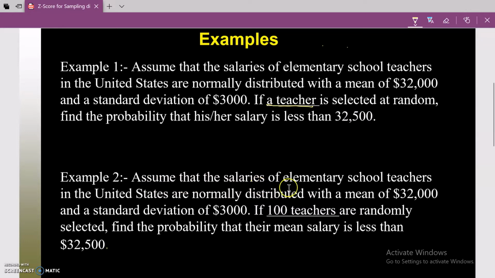Assume that the salaries of elementary school teachers in the United States are normally distributed with a mean of $32,000 and a standard deviation of $3,000.